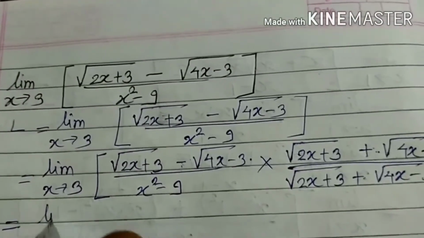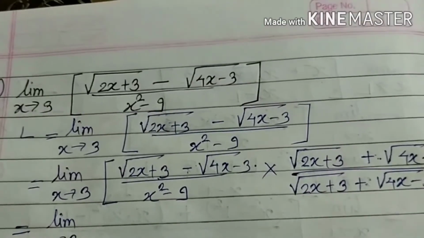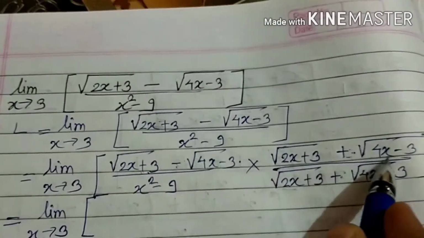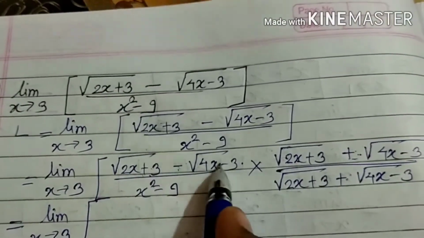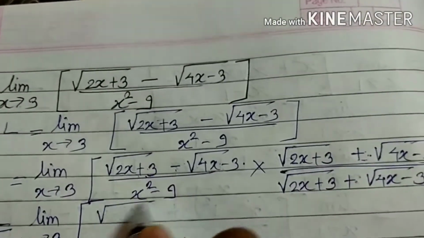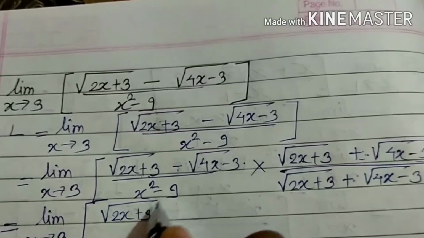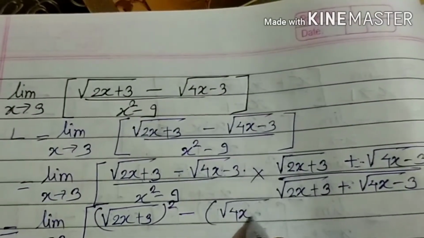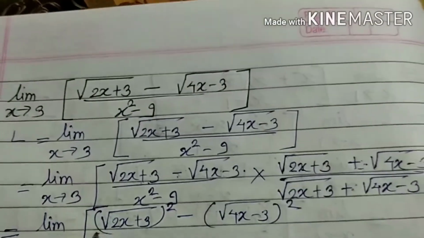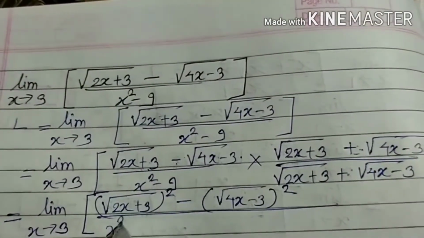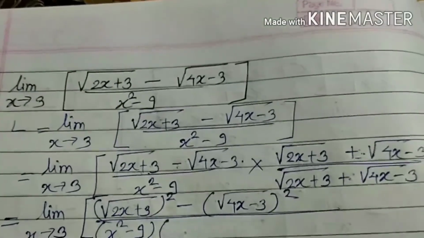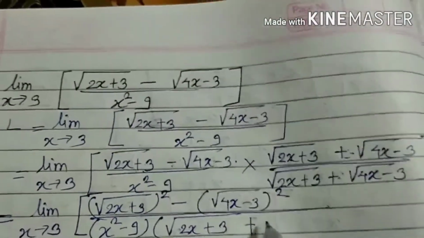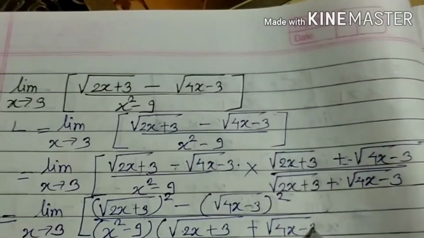Now take limit x tends to 3, and here a minus b, a plus b. So it is a square minus b square. 2x plus 3 whole square minus under root of 4x minus 3 whole square, and divided by x square minus 9, and in this 2x plus 3 plus under root of 4x minus 3.